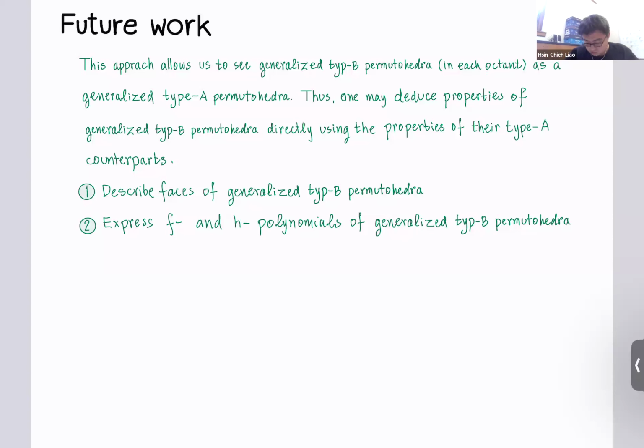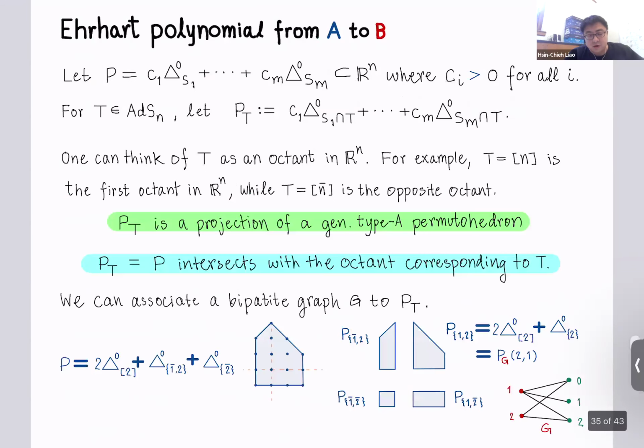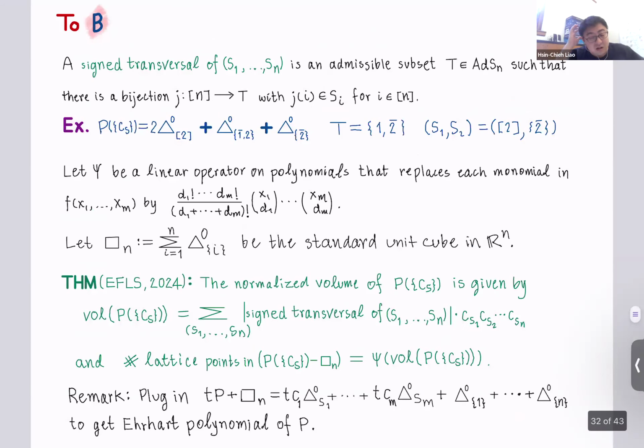I have some questions. Yes. About the sign transversal, is there a more graph theory way to think about it, like a sign graph or something like that? That's a good question. I didn't think of it as a sign graph, but there is a correspondence between sign transversals and G-Draconian sequences.